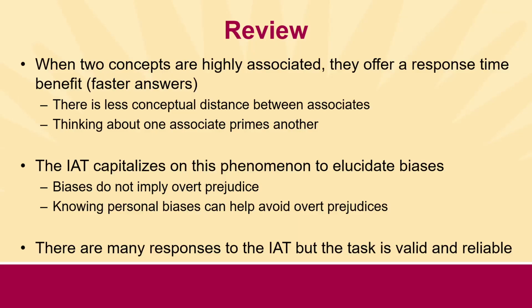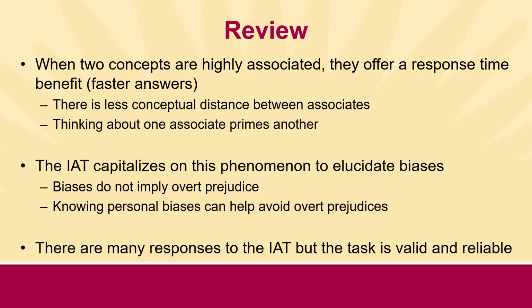So to review, when 2 concepts are highly associated, they offer a response time benefit, which means you answer faster to the second one when you've been primed by a related word. There is less conceptual distance between associates, so this means that delicious and that yellow beer were a lot closer in conceptual distance than the red beer and the word delicious.